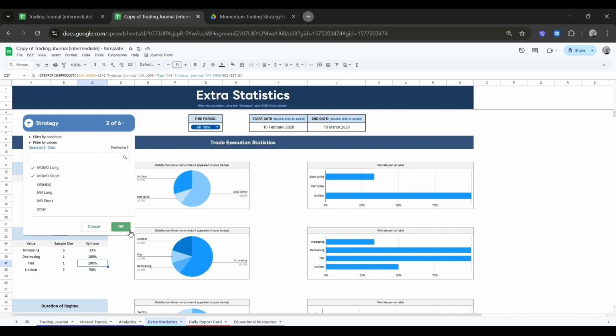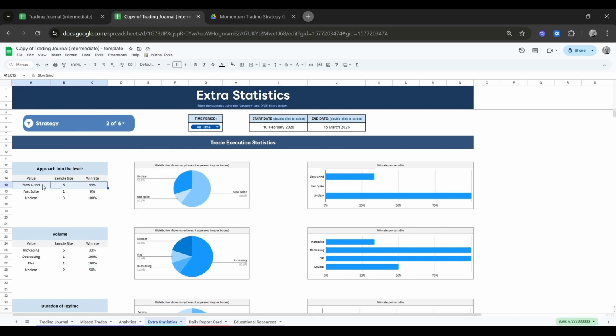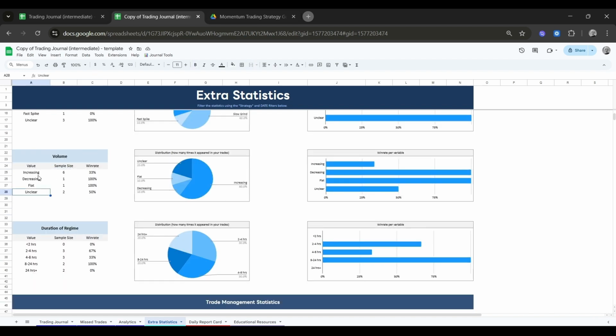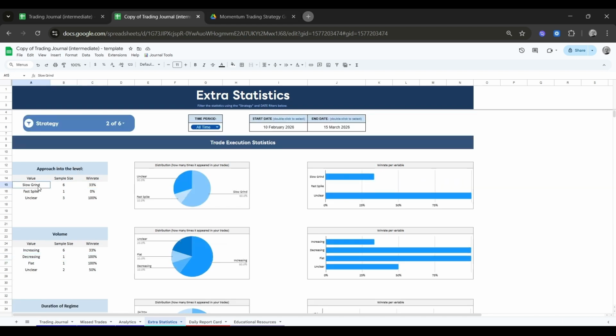For your momentum trades, ideally you're trading momentum when price is doing a slow grind into the level. Ideally, you are avoiding momentum trades if price did a fast spike into the level. For volume, ideally for breakout trades, the volume is increasing, and for reversal trades, it's decreasing, because all of these are actually opposites to each other.